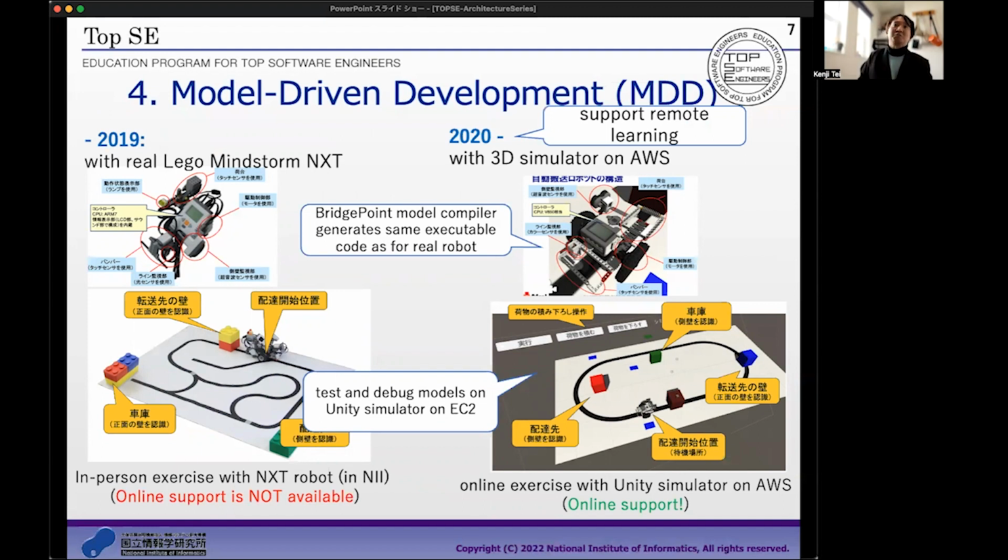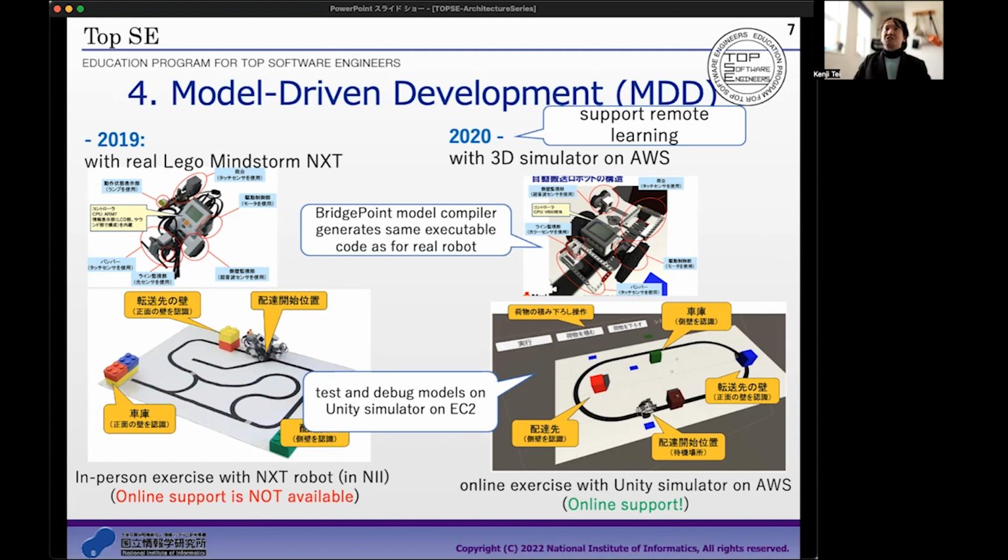We use a physical robot and we do the in-person exercise with the real robot in the rooms in the NAIST. But unfortunately, online support was not available by 2019. But we faced the COVID situation. So we migrated the exercise environment from the physical world to the cloud.